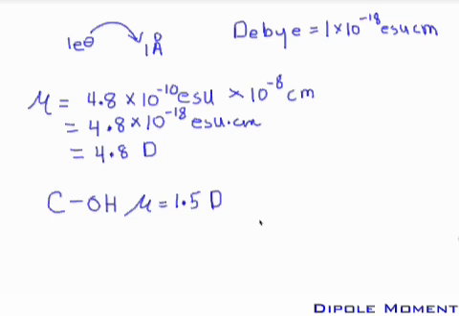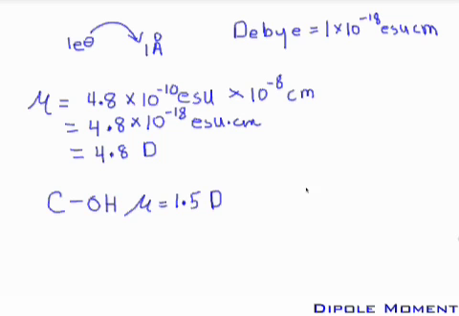Now, what's really cool is once I know this value, and I know the value that it would have if it was ionic, I can calculate a percentage covalency. Like, how far is this? What percentage is this from being ionic?